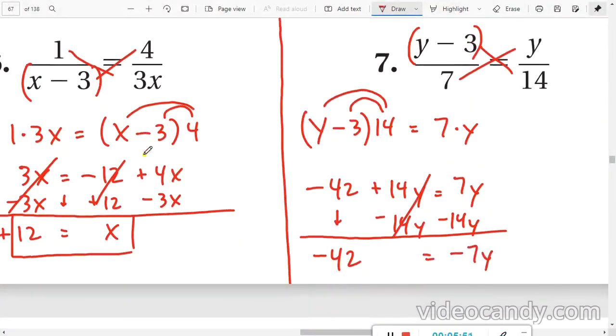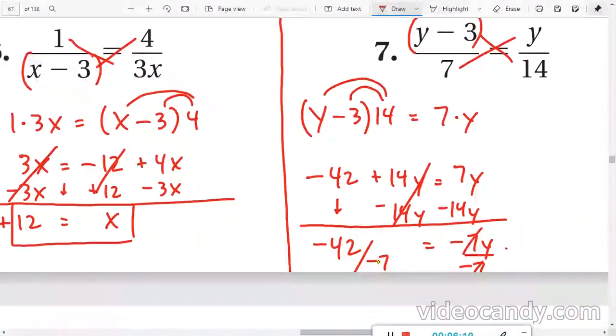All right, dividing both sides by negative 7. And of course, the negative 7s cancel. And negative 42 over negative 7 is going to be positive 6. Okay, remember that negative divided by negative is positive.